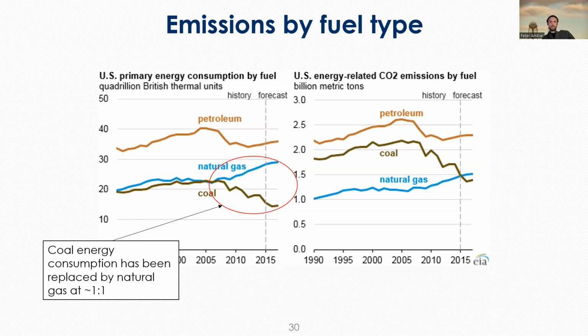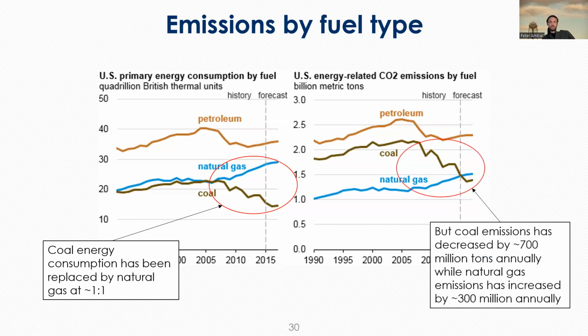You can see coal decreasing in consumption and natural gas increasing at the same rate that coal is decreasing. What that actually means is that coal emissions have decreased very substantially by over 700 million tons annually, while natural gas emissions have increased by about 300 million tons annually.